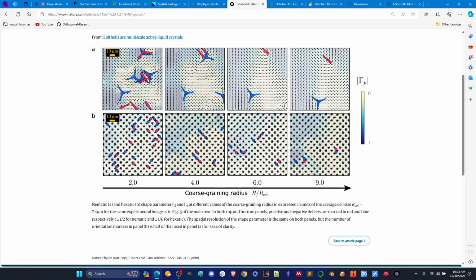You can see that the orientation changes over long distances. So you have these sheets, but they change their orientation gradually. These are the nematic bars here. This is a force field that shows the orientation. And you can see changes in orientation.